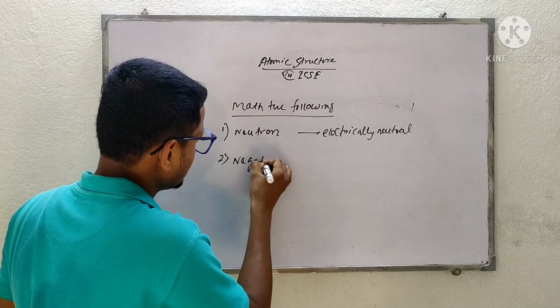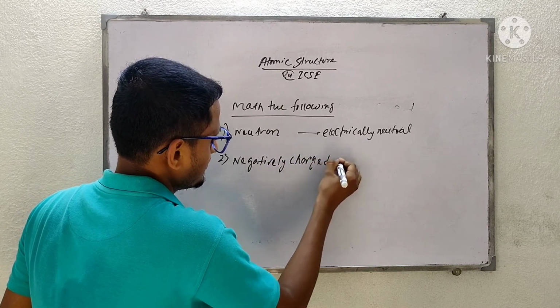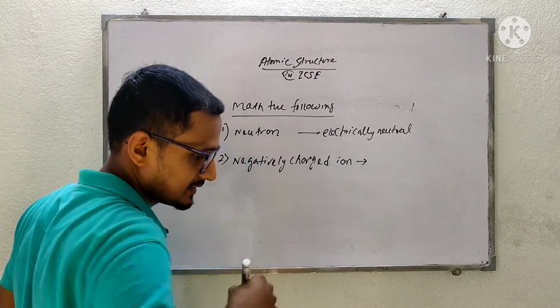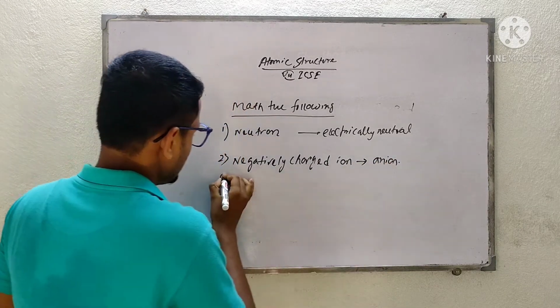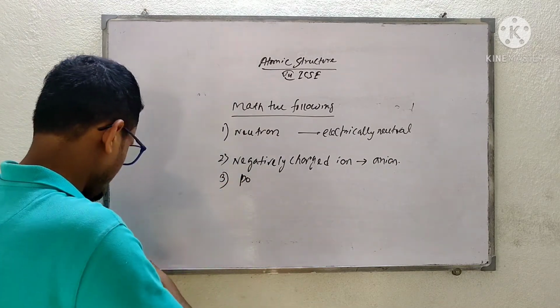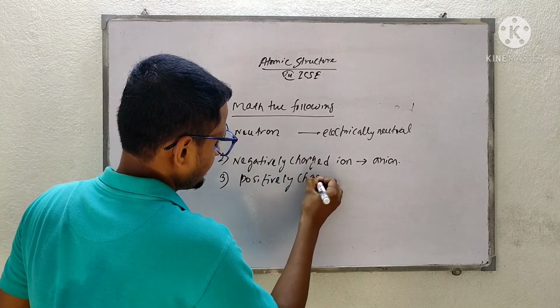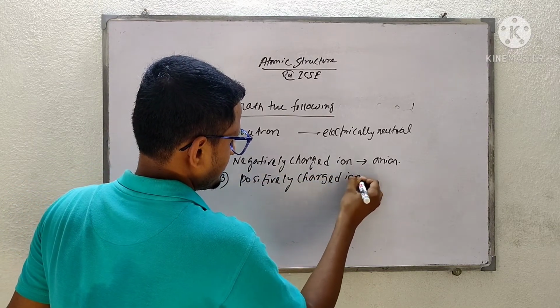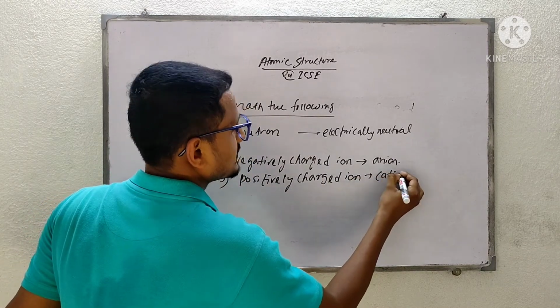Now next is negatively charged ion. A negatively charged ion will be anion. It is given here. Number 3 is positively charged ion. It is the cation.